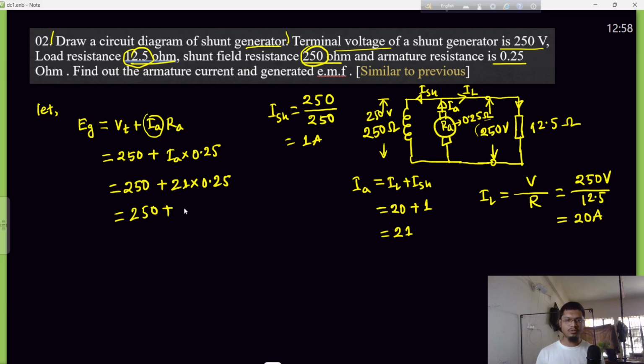The multiplication of 21 and 0.25 is 5.25. Now the total, that means total EG, generated EMF, is 255.25 volt. So this is the solution.